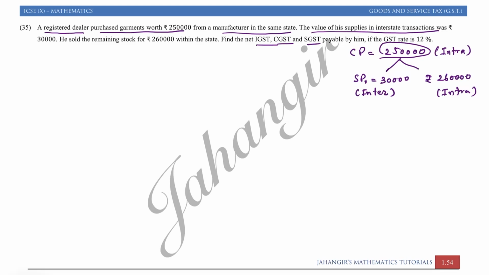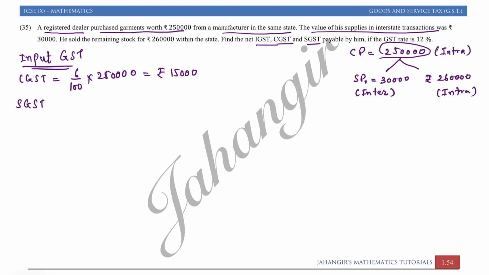So what I will do, I will first find the input tax, input GST. Input GST is on purchase. In input GST I will find CGST because the transaction happens in the same state. So 6% of 2,50,000, that is rupees 15,000.